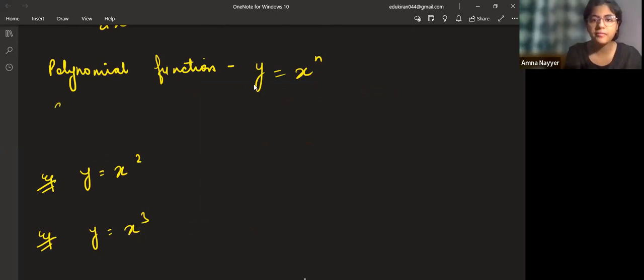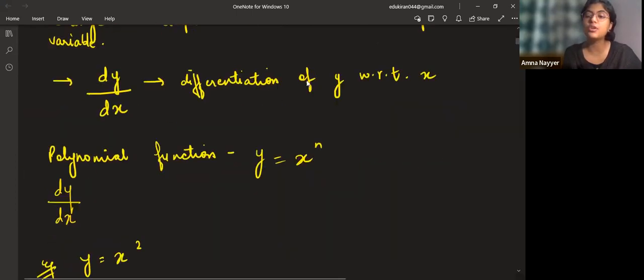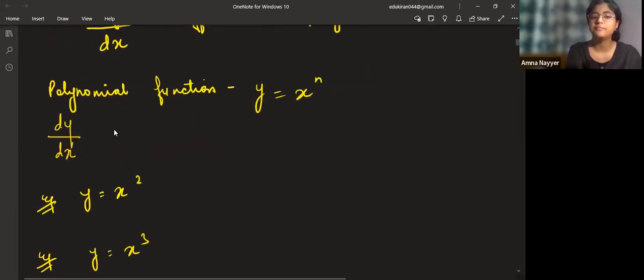Suppose I have to differentiate this y with respect to x. The change in dependent variable with respect to independent variable means change in y with respect to x, that is dy over dx, differentiation of y with respect to x. Now d means the differentiation symbol only, that I am differentiating this particular quantity with respect to x.